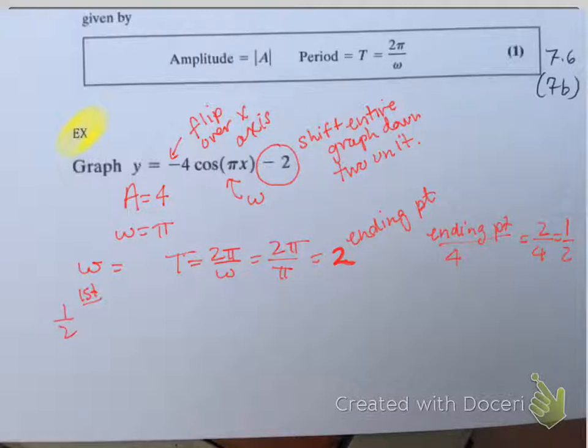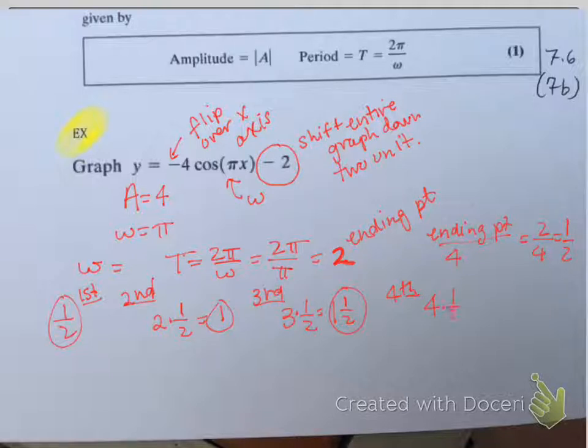To find the second point, we're going to take 2 times 1/2, which equals 1. The third point, you just multiply 3 by that first point, so 3 times 1/2, that's 1.5. And then your fourth point, just to check, make sure we get back to the ending point, is 4 times 1/2. So 4 divided by 2 is 2. So we're good, because the ending point equals my fourth point.